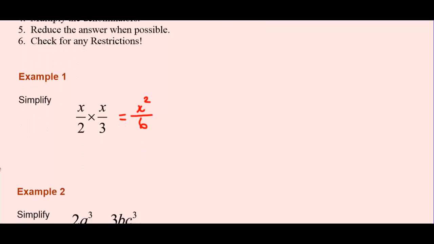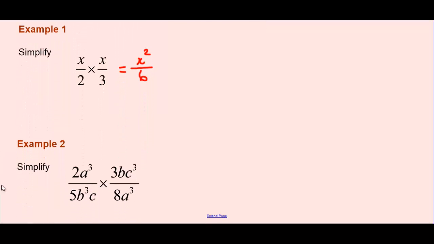But let's get a little bit more complicated here. Let's say we have 2a cubed divided by 5b cubed times c, then multiplied by 3bc cubed, all divided by 8a cubed. Here we're going to want to reduce first. In order to reduce, we want to look at the coefficients that are in front of the variables.